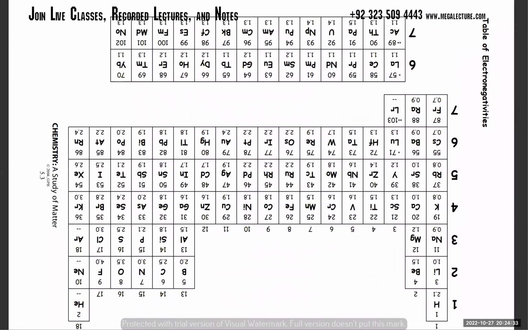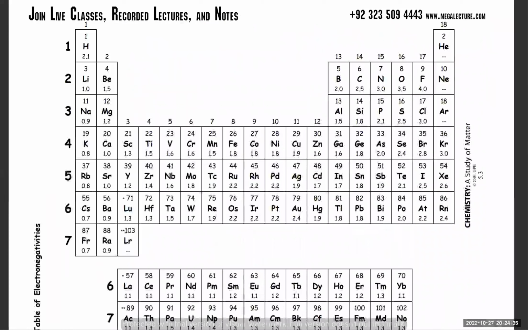They basically measure how strongly an atom likes to gain electrons. The numbers are written at the bottom. 4 is the most electronegative, that's fluorine. Then you've got oxygen, nitrogen.